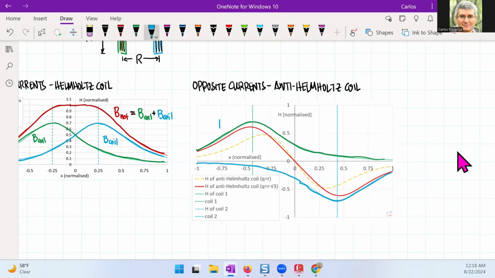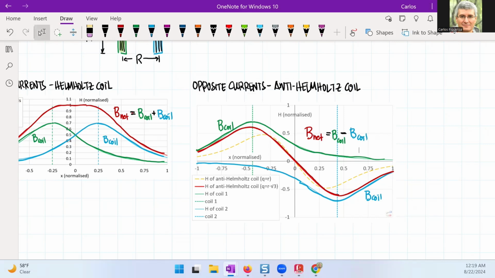So this is the green coil, and over here, this is the blue coil. The red right here is a superposition of these two coils. Right here, when I look at B net, because of the sign difference, I'm getting a minus sign between them. So this is the green coil, and this is the blue coil, but you're seeing that there's a subtraction.